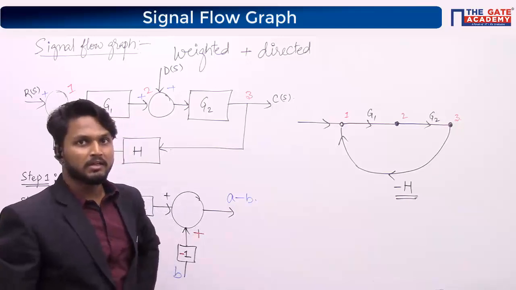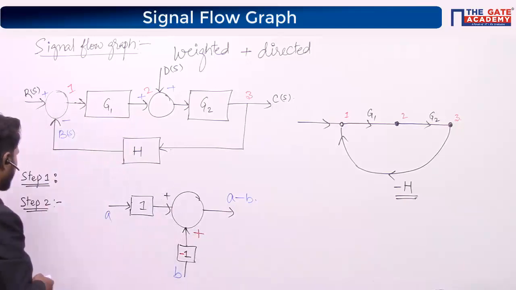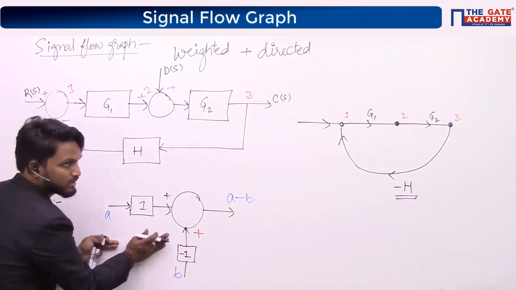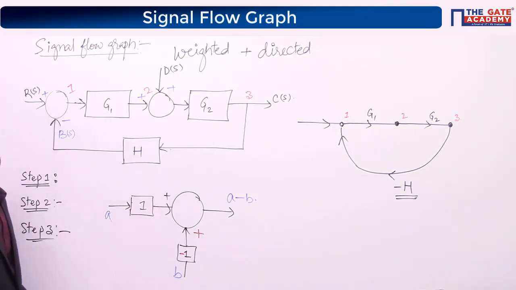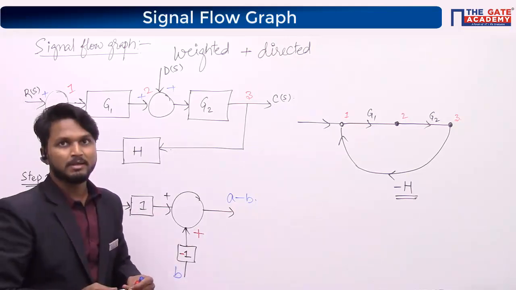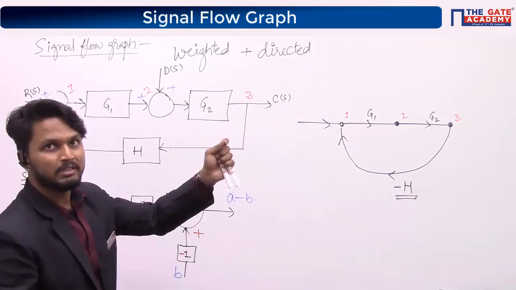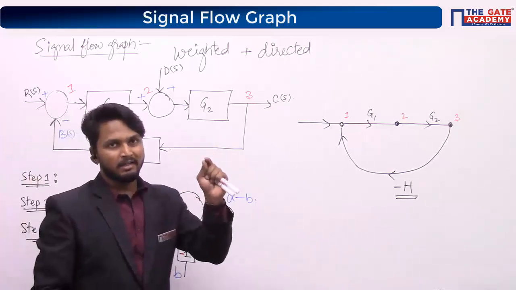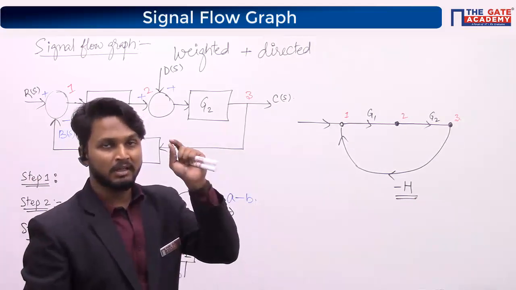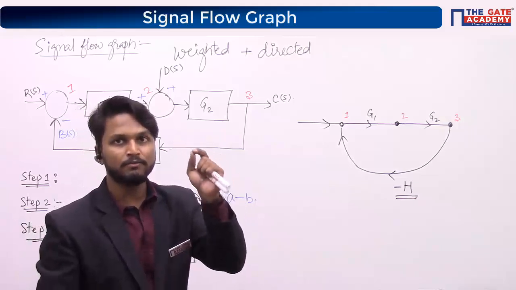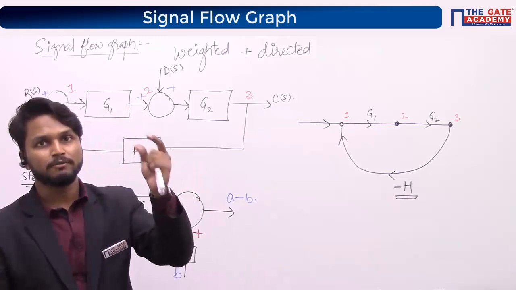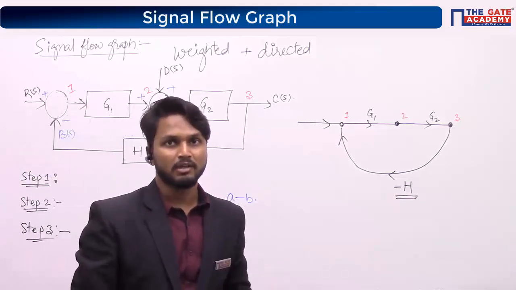So see here, the third step. Step 3. Please note down this example also in your notebook. The third step is to simply replace the gain of negative feedback branches with minus h.